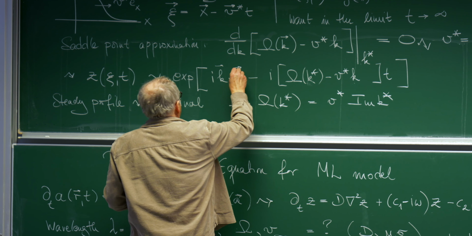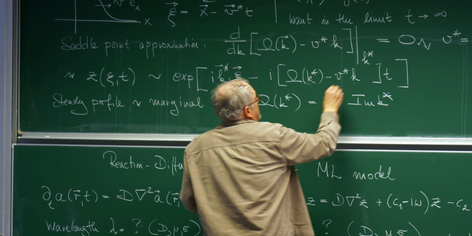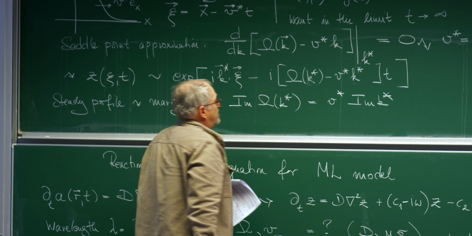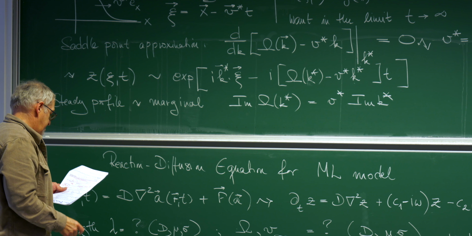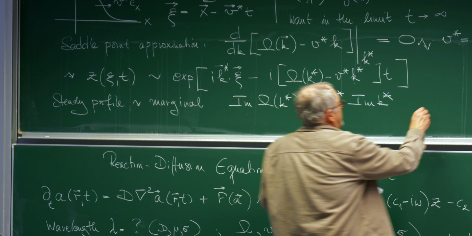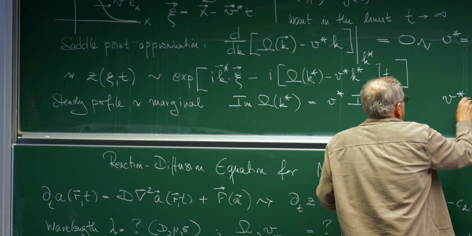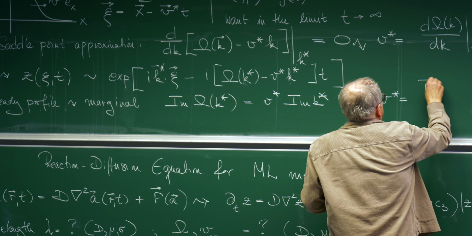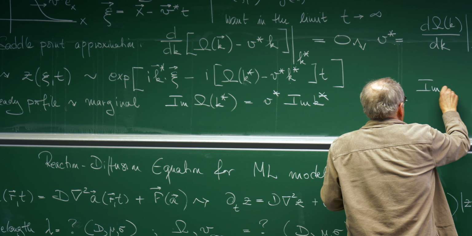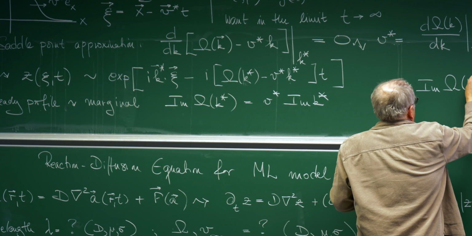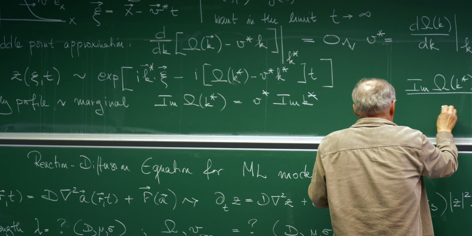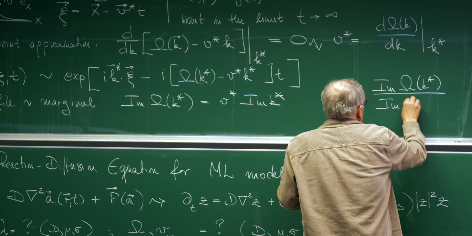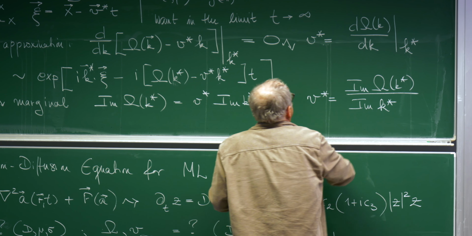Okay, here I should write k star, because that's what I'm evaluating the integral at. So from that we have v star equals the imaginary part of omega of k star divided by the imaginary part of k star.